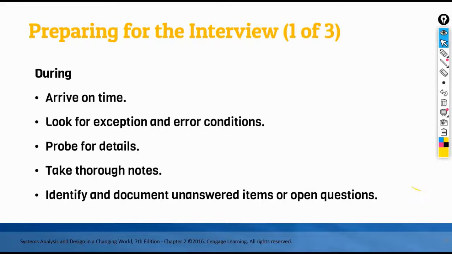Practicing good manners usually ensures that the interview will go well. Here are a few guidelines: arrive on time, look for exception and error conditions, probe for details, take notes, and identify and document unanswered items or open questions.